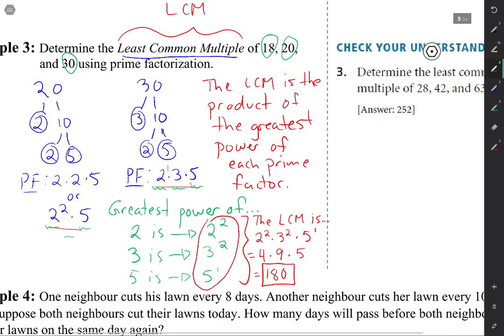If we were to count up by 18, so like 18, 36, 54, and so on, you will eventually get to 180, as well as 20. If you count up by 20s, you'll get to 180 as well as 30. And that is going to be the lowest number, or the first number that matches when we're counting up by all three of those numbers.